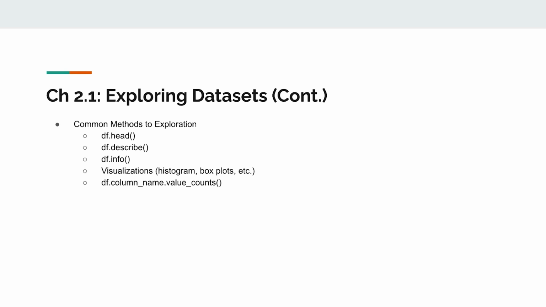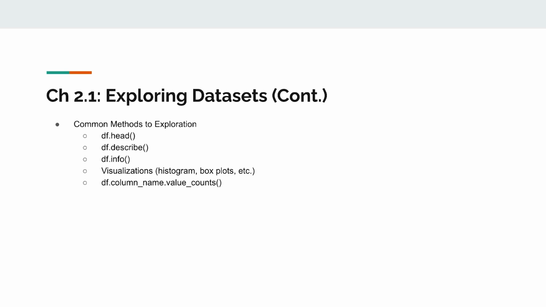five. Next, there's df dot describe. The dot describe function shows numerical statistics of the data set. I'll be showing you how it's used really soon, but basically it shows all the core statistics of the data set, but only for numerical columns like float and integers.